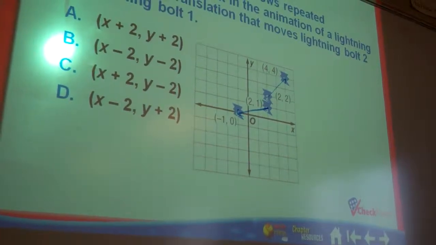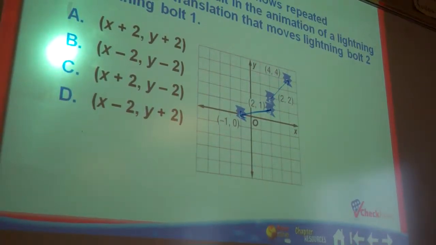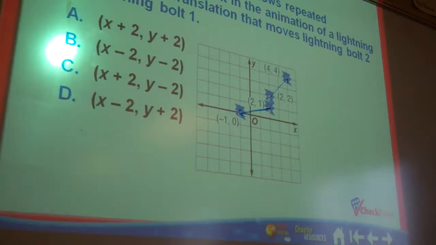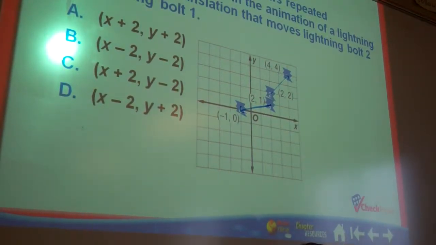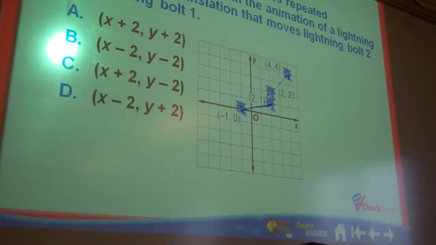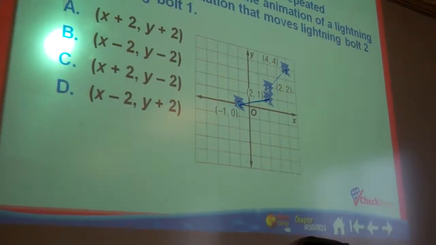Which one of these moves 2 to 1? Lightning bolt 2 to lightning bolt 1.